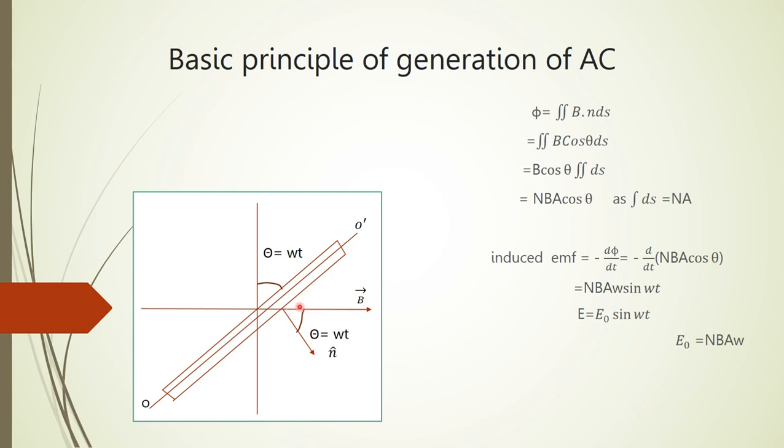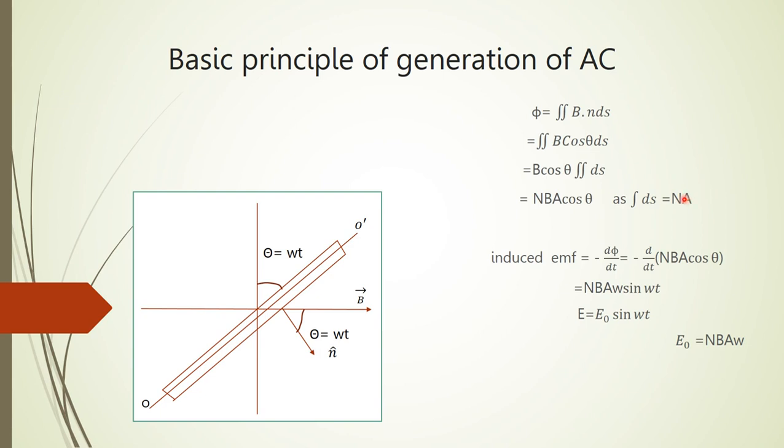Also consider capital N to be the total number of turns in the coil, and capital A be the area of each turn.